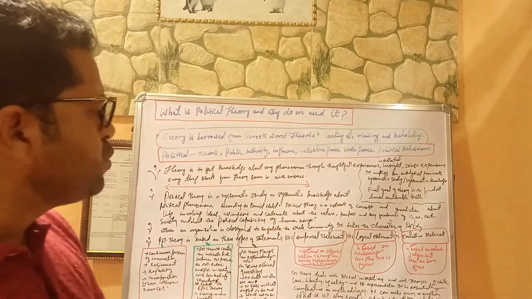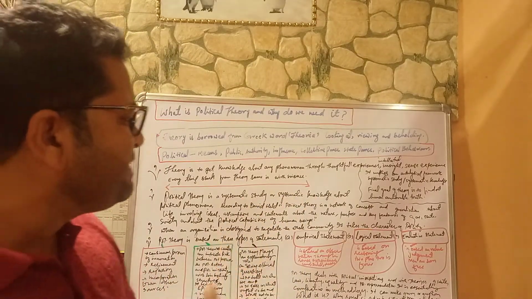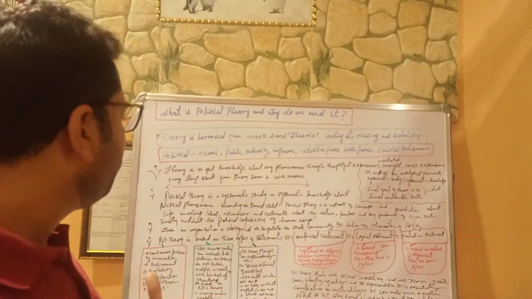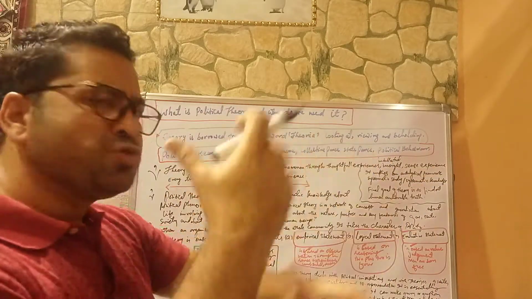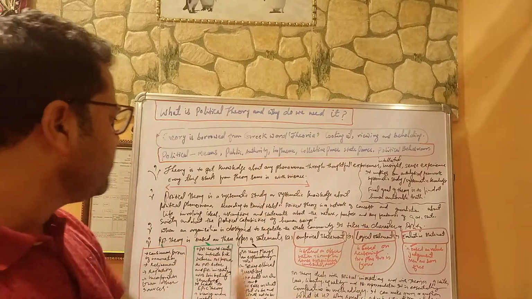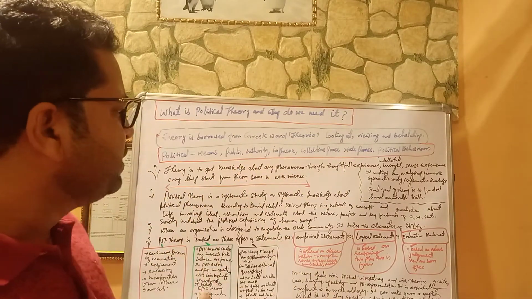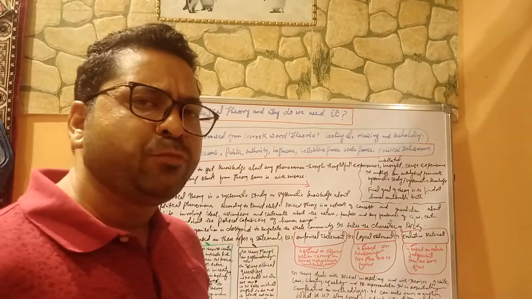So David Hill is making a sense of what political theory is. It is a network of concepts and generalizations about political phenomena, about life, involving ideas. So a political theorist discusses a plethora of ideas about state, society, government, about people.